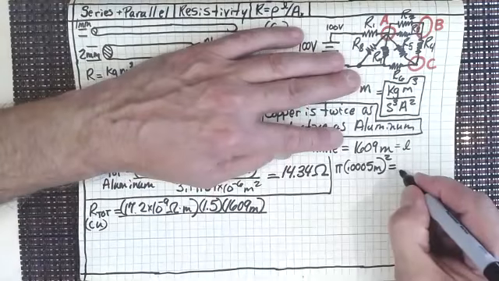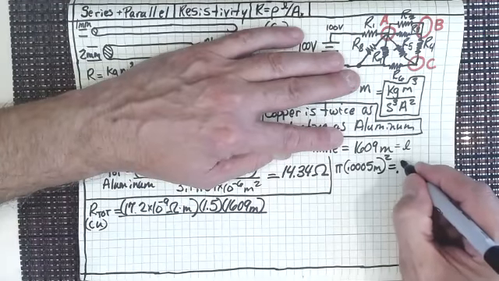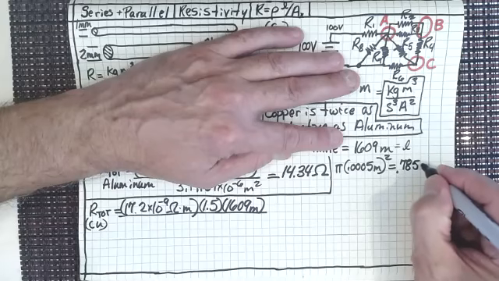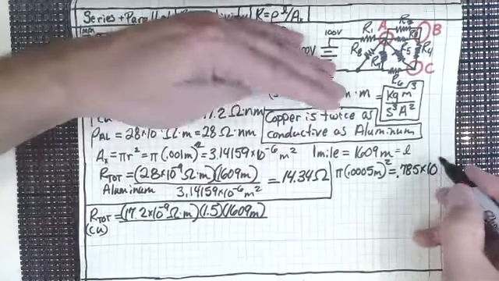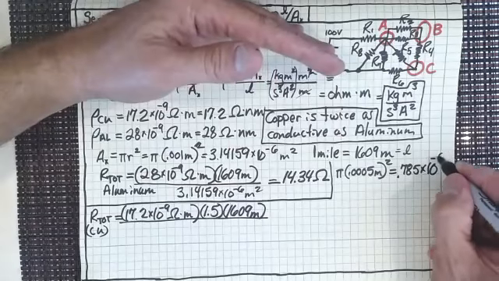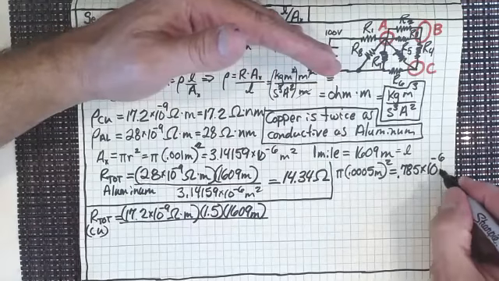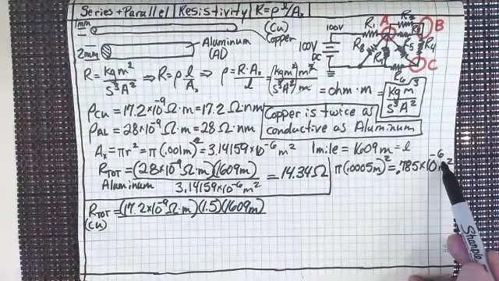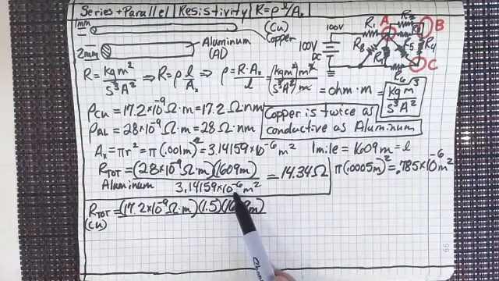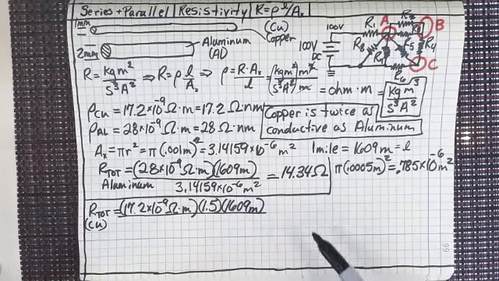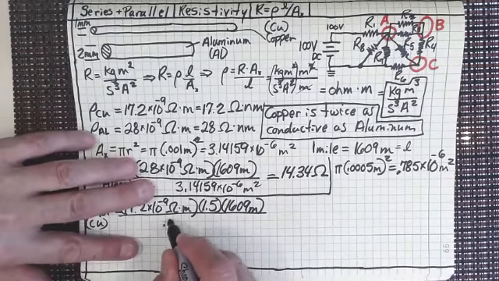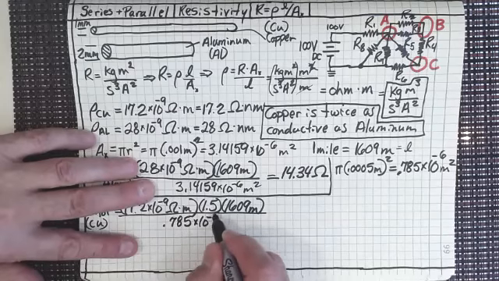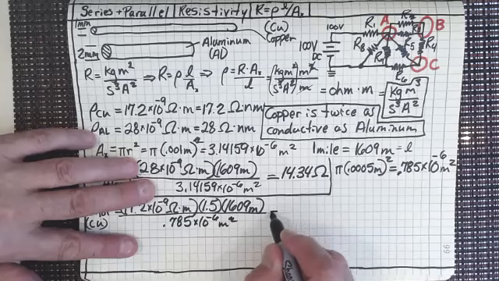You get, I'm just going to write it out as 0.785 times 10 to the minus 6 square meters, right? So it's to keep it the same as 10 to the minus 6 here, 10 to the minus 6 here, right? So that's what we're going to get, and we'll put it down here, 0.785 times 10 to the minus 6 square meters.